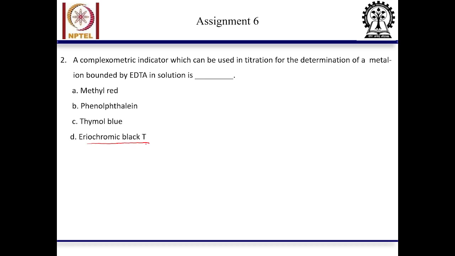First we will see what Eriochrome Black T is. Its compound structure is this.